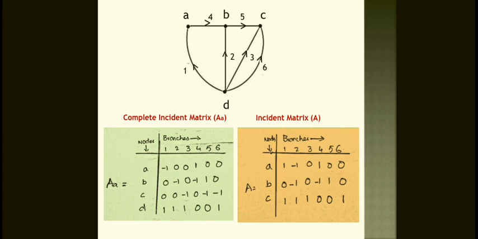Coming to D, all are outgoing: 1, 2, 3, 6. So in the D row, 1, 1, 1, 0, 0, 1. This is the complete incidence matrix, indicated by A_a. Now coming to the incidence matrix.